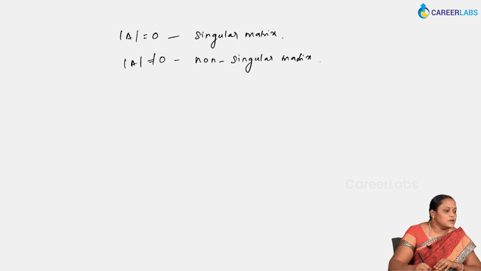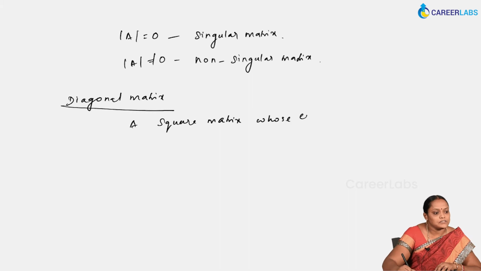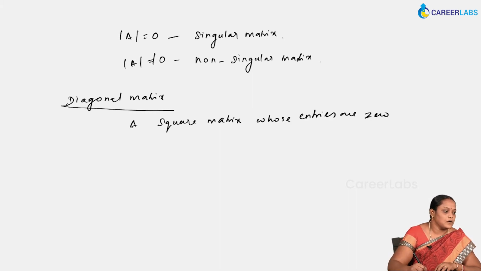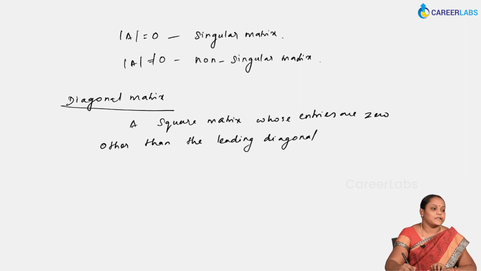Let us define a diagonal matrix. What do you mean by a diagonal matrix? A square matrix whose entries other than the leading diagonal are 0 is called a diagonal matrix.